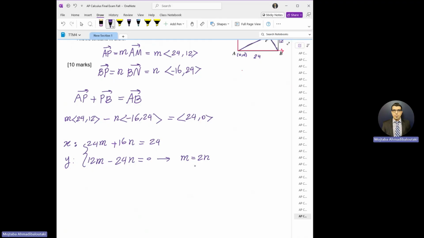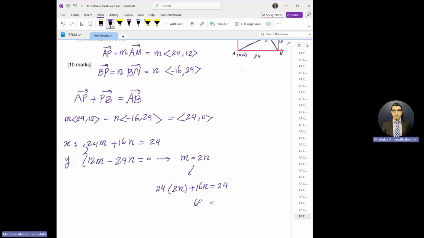So that's what we have here. And if we just plug this into the first one, you are all set. So in this one, we have 24 times 2n plus 16n equals 24. 24 times 2 is 48, and 48 plus 16 is 64.